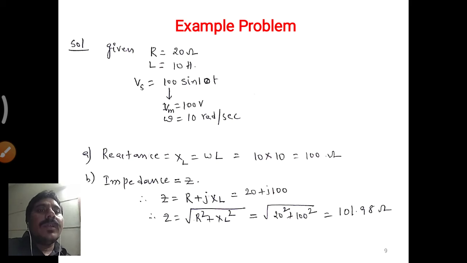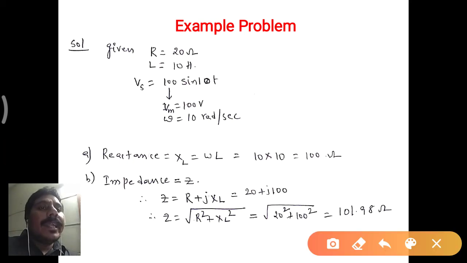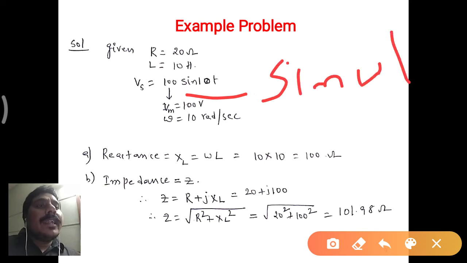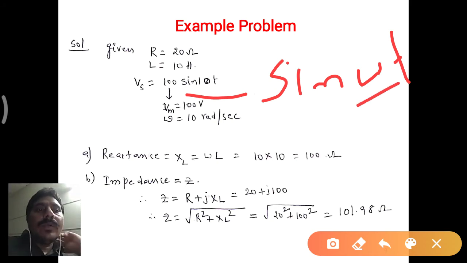So omega is equal to 10 radians per second. In sin omega t, the value of omega is 10, so we take omega as 10 radians per second.